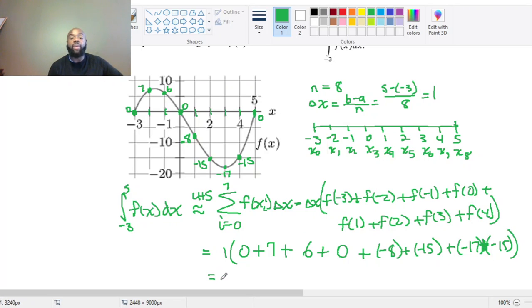All right, we add those together. I'm going to put that into my calculator and multiply by 1. Well, you don't have to necessarily multiply by 1. Okay, and I get -42.